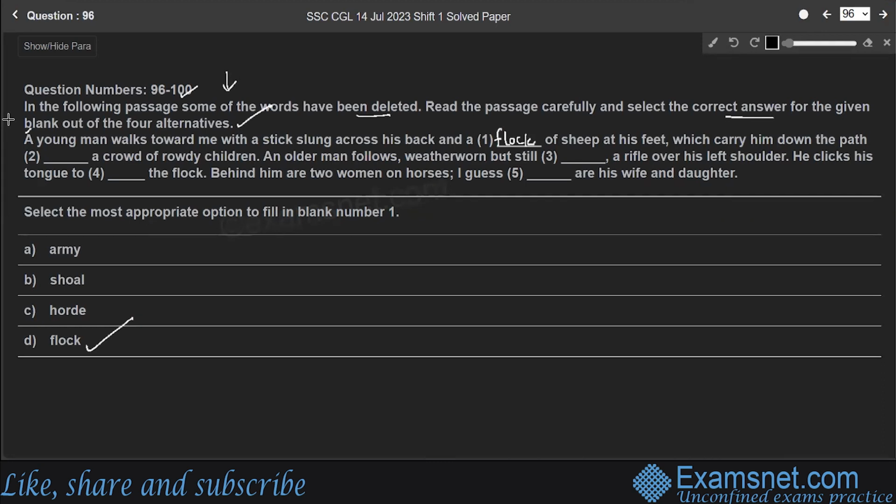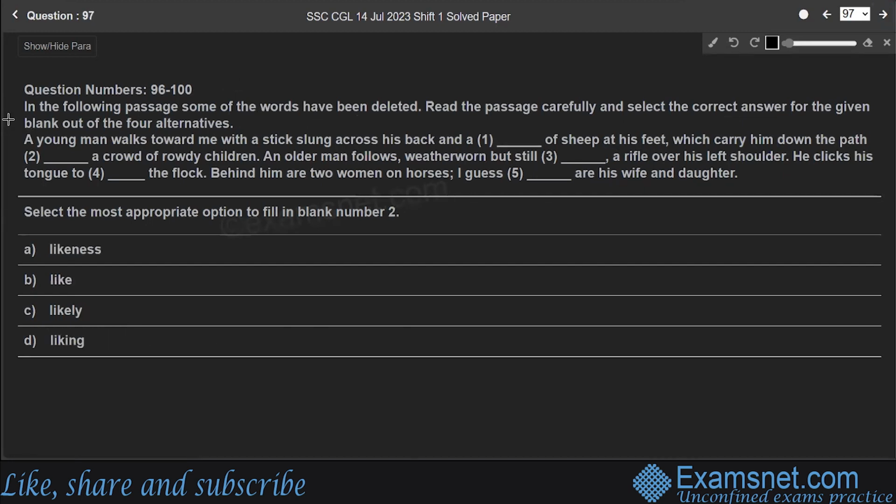Here, flock means a group of birds or sheep. A group of birds or sheep is called a flock. So, a young man walks towards me with a stick slung across his back and a flock of sheep is the correct word, right? So, at its feet. Moving further.